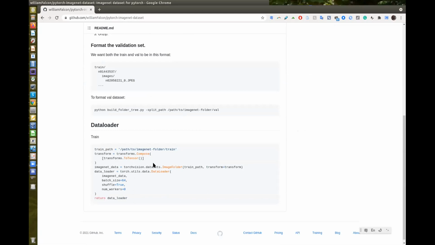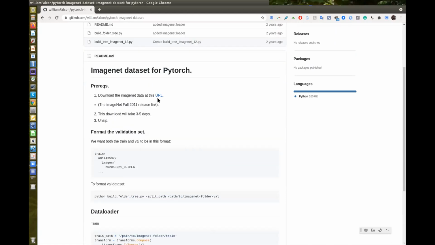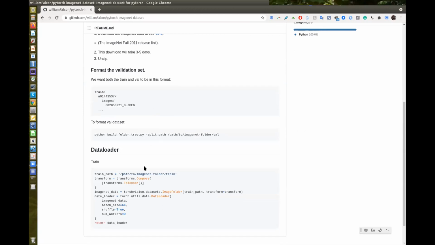So they already have some functionality. Of course, I guess you still need to download the data, but this allows you to load the data with the labels already organized and so on. You don't need to bother with the XML and you don't need to go into the low level.